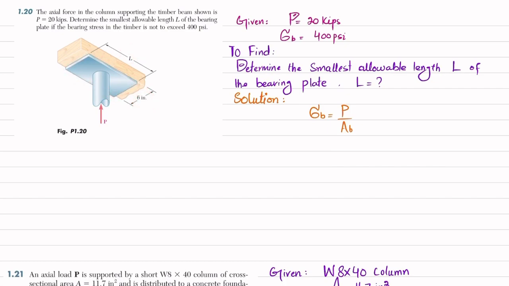So bearing area AB will be equal to length multiplied by 6, which is 6 times L. Now we have P and sigma B, so AB will be equal to P divided by bearing stress. P is 20 kips, so 20 into 10 raised to power 3 divided by bearing stress, which is 400 psi, and that will be equal to AB. So AB is equal to 20 into 10 raised to power 3 divided by 400.